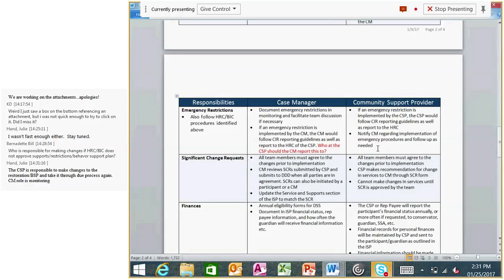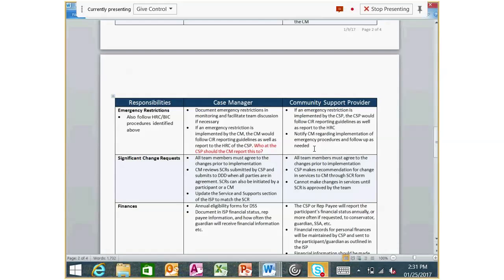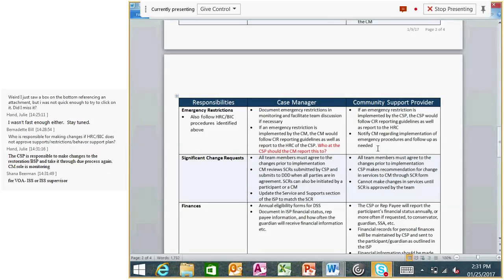Is there one central person within the CSP who would get that information? You can unmute and respond, or you can respond in the chat pod.